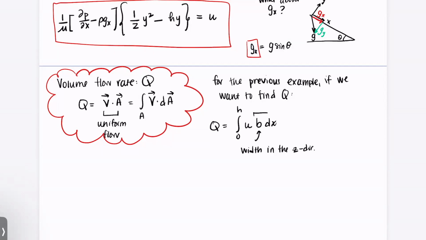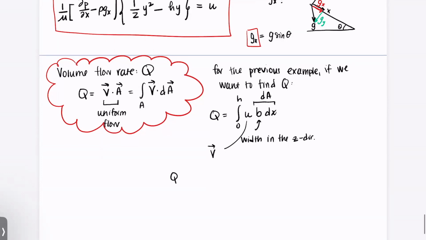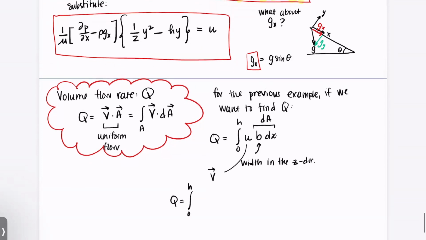So this is our dA, and then this is our V. Okay, so all we need to do next is substitute in what U is. So U is in the red box above here.